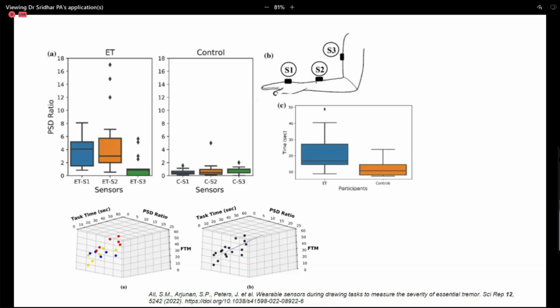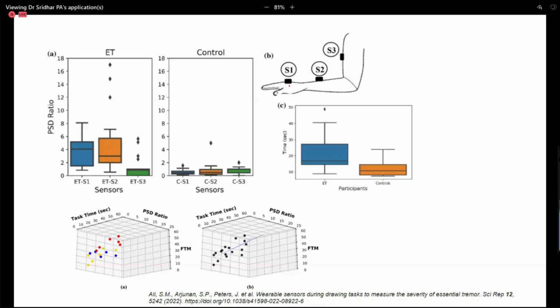You can see that sensor 3 has not much tremor happening, because this will give you information on where the neurological disorder happens, or the first symptom. Before, it was a subjective analysis by the clinician.